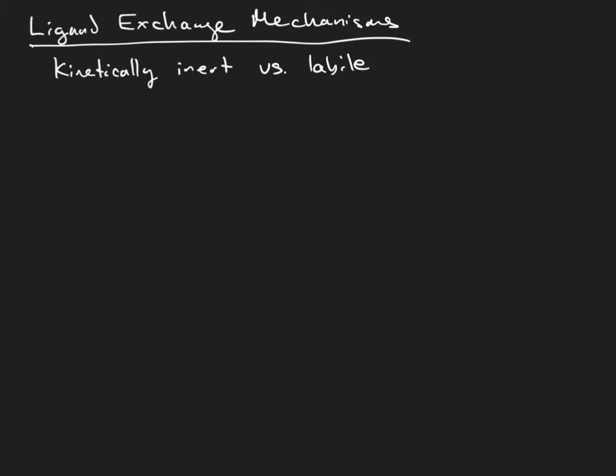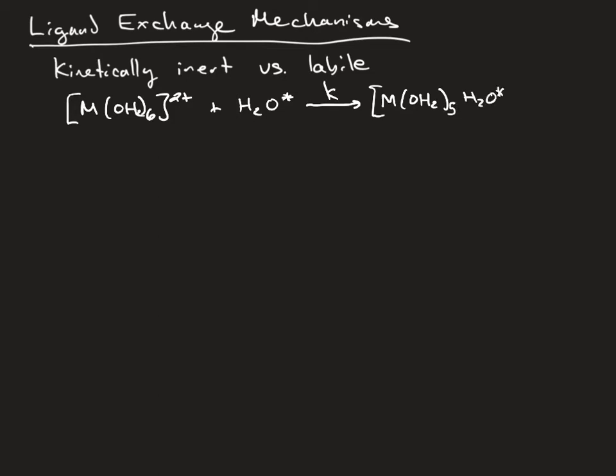Let's set up a reaction where we have a metal 2+ hexaaqua species, and we're just looking at the exchange of one of those waters. This will have some rate constant associated with it. And we've replaced one of those waters with bulk water from solvent.